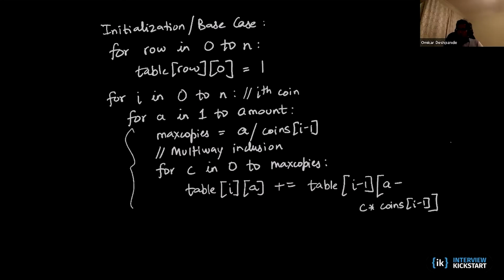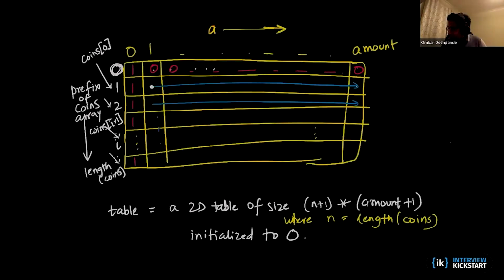So we do this, and then at the end our answer should be sitting in the bottom right cell, since we want to create an amount which is equal to the amount variable using all the coins.